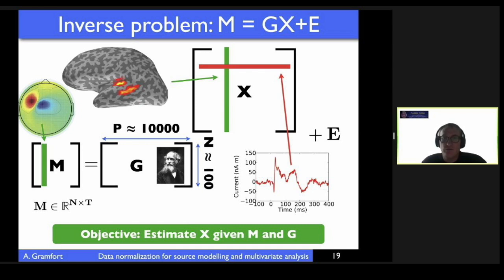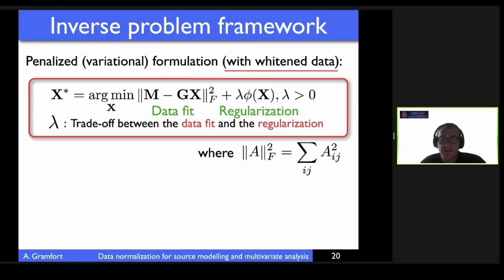So once you've put these notations, when you try to exploit all your multivariate data M in order to find the sources inside the brain, you will write what people call the minimum norm solution, or something that looks like the minimum norm solution, depending on the choice of the phi function, the regularization.